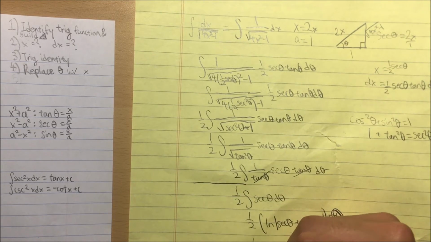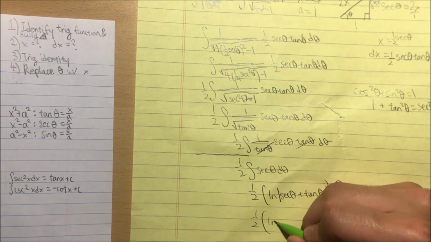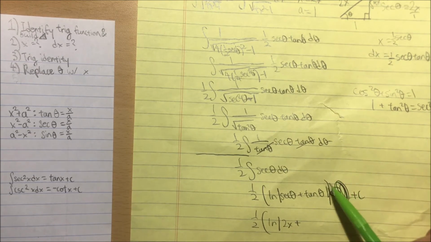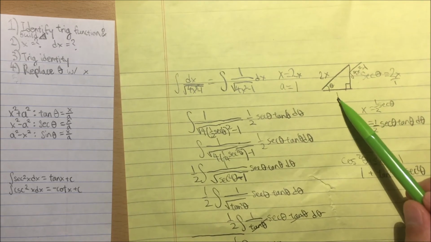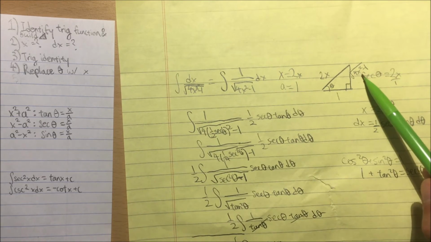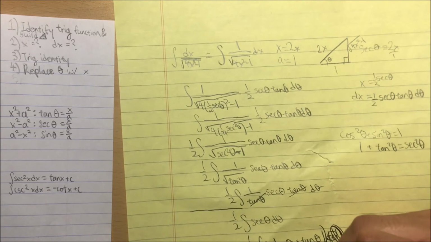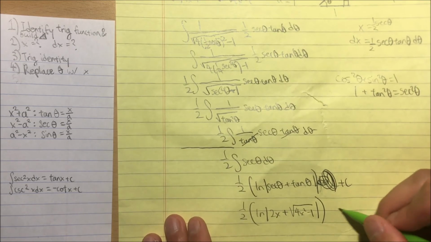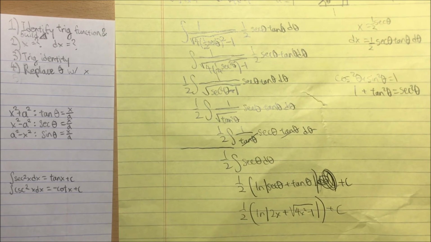So let's see, 1/2 times the natural log of 2x plus tangent of theta, which is the opposite over the adjacent side, which would simply be square root of 4x squared minus 1. And let's put in the c at the end. And that is the solution to this final example.